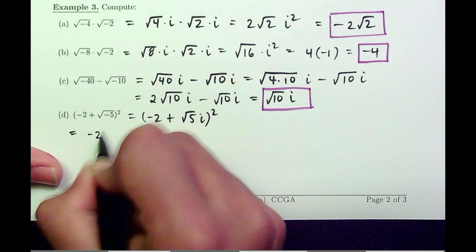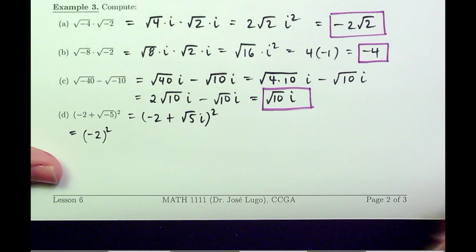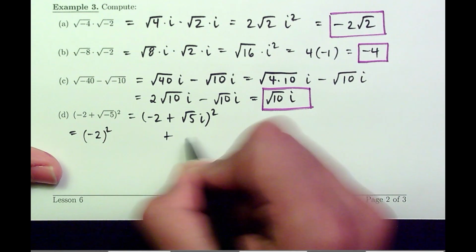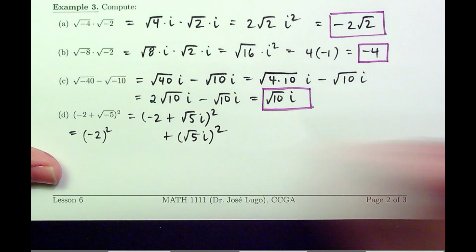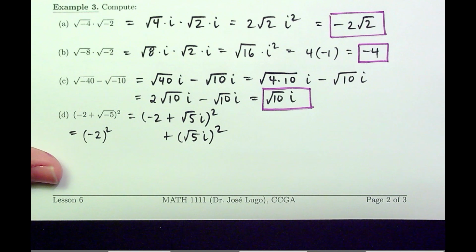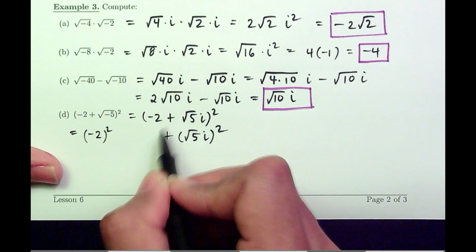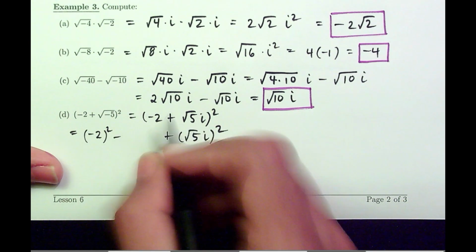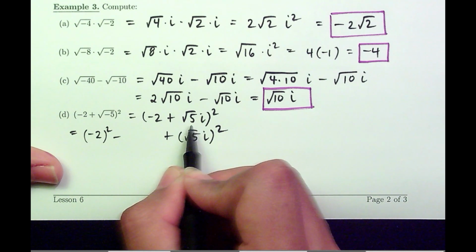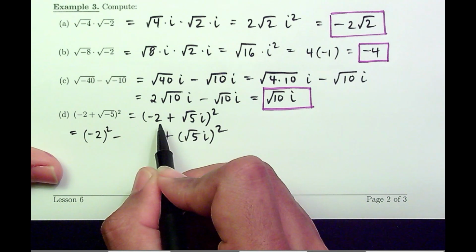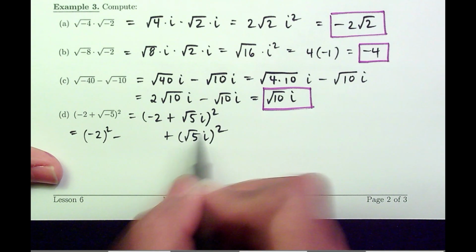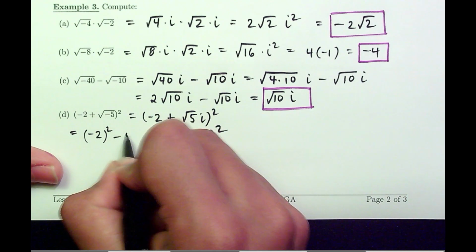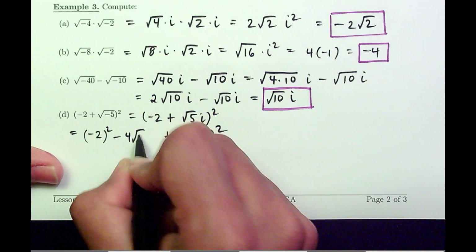Square the first, square the second, and then there's a term in the middle that is to multiply both of these and double it. So if I multiply these two, you're going to get negative 2 square root of 5i, and doubled, negative 2 is going to become negative 4. So negative 4 square root of 5i.